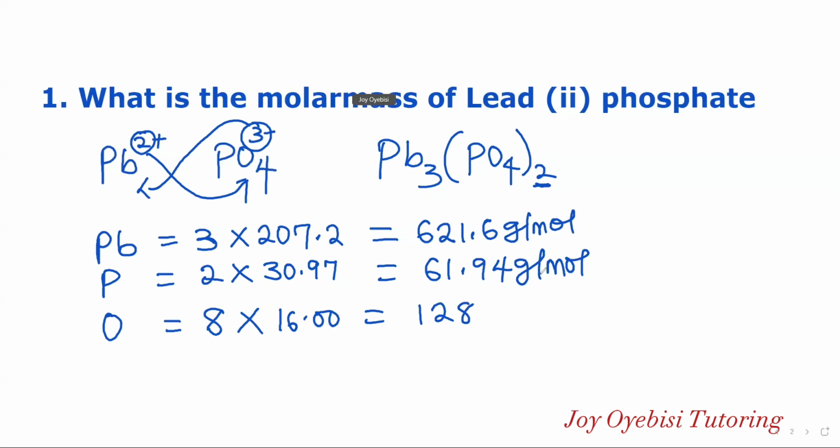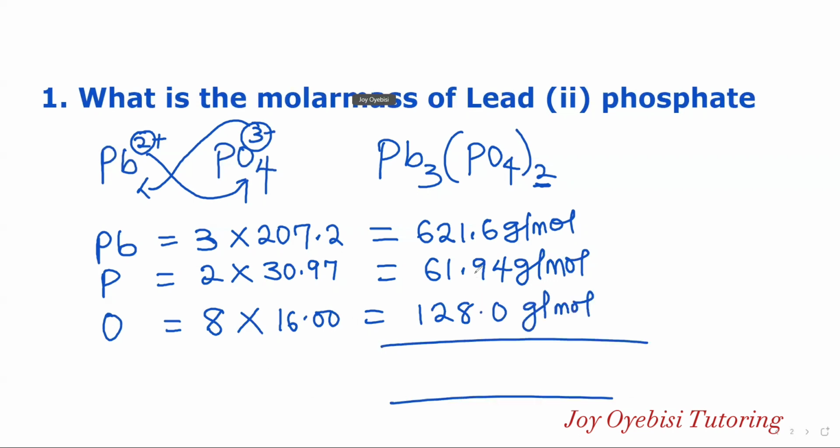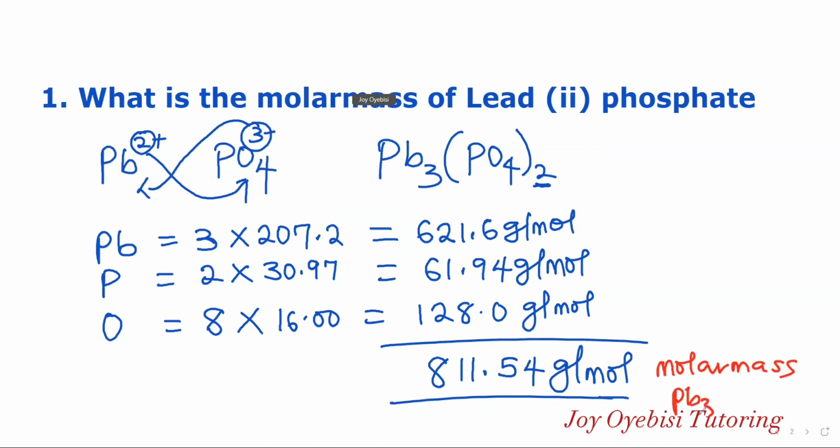So now let's sum them up. We have 128 plus 61.94 plus 621.6, and this is going to give us 811.54. Okay, so that would be the molar mass of Pb3(PO4)2.